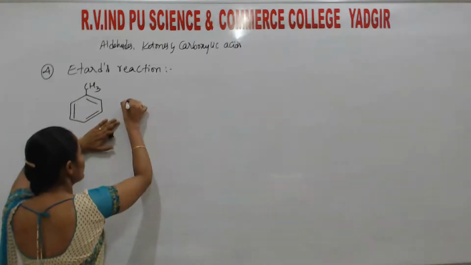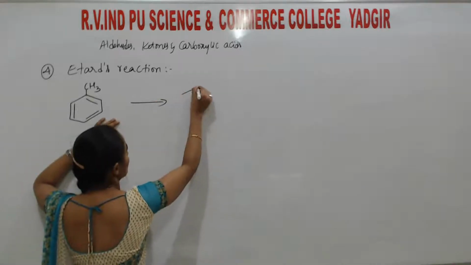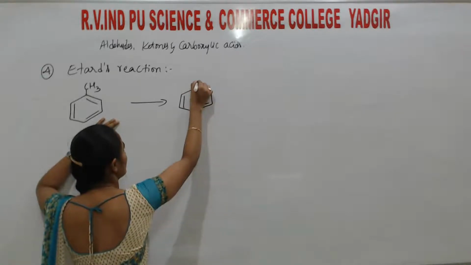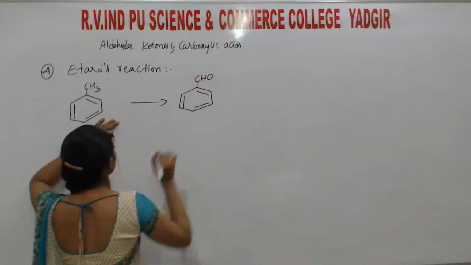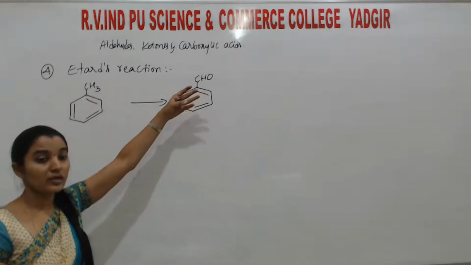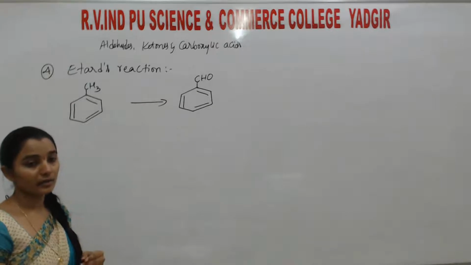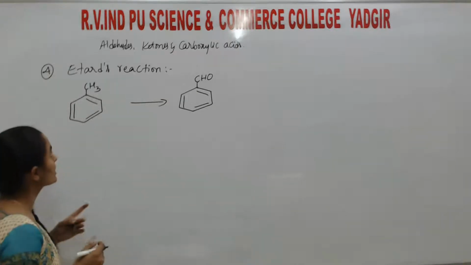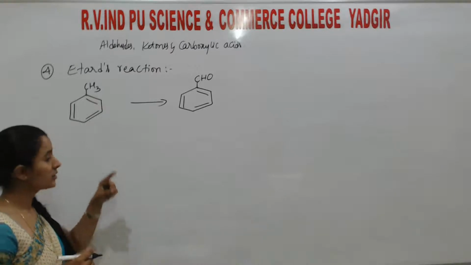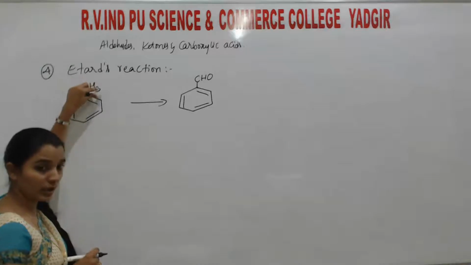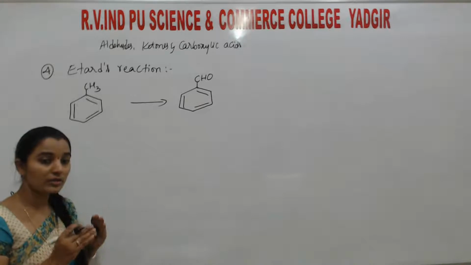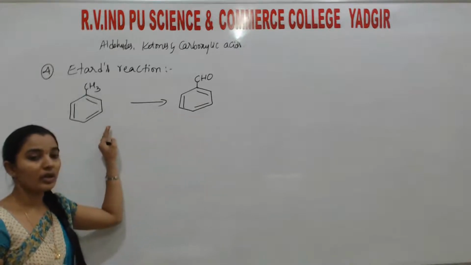So listen, here we need to form this. So what is going to happen here? Here CH3 is there, here CHO is there. Meaning oxygen is added. So addition of oxygen is called an oxidation reaction. And at the same time, here CH3 is there, here CH is there, meaning 2 hydrogens are removed. 2 hydrogens are less in the product compared to the reactant.